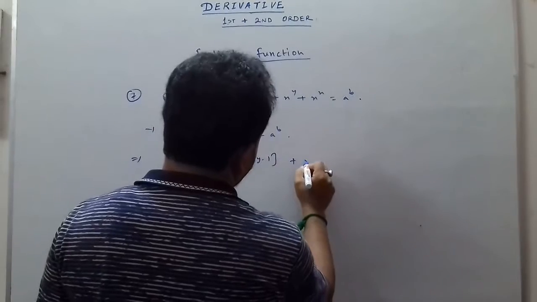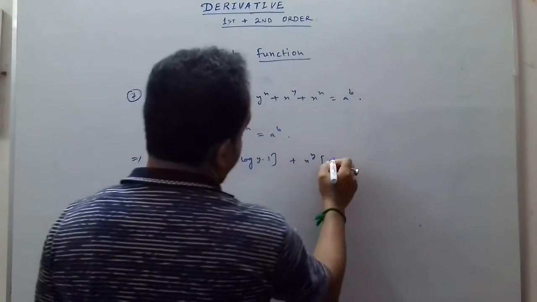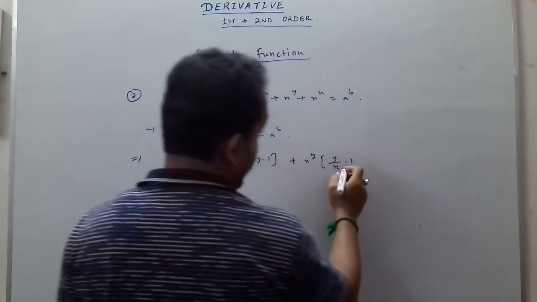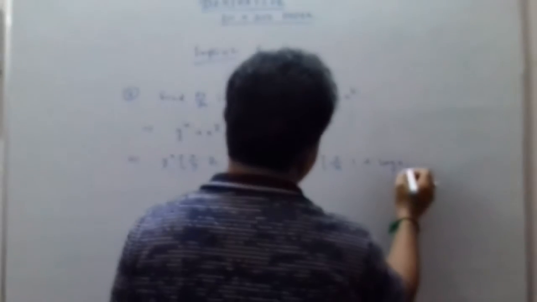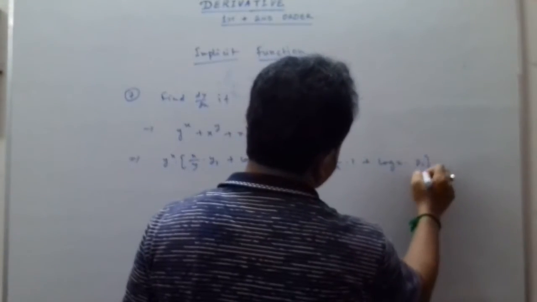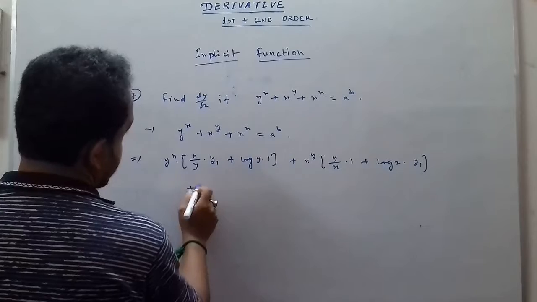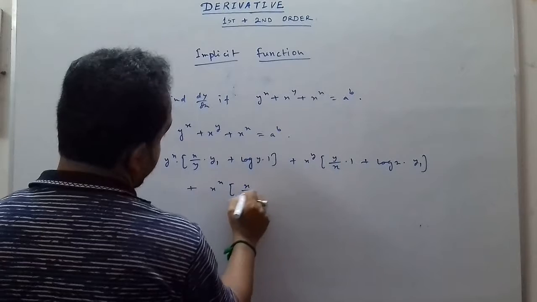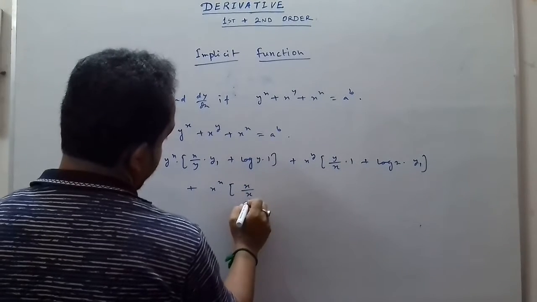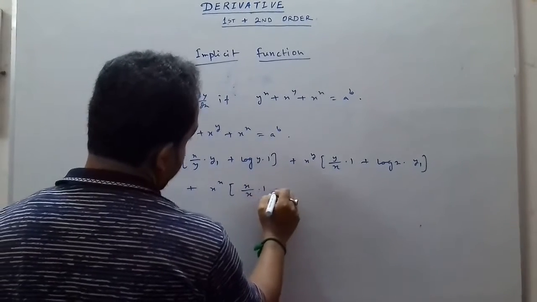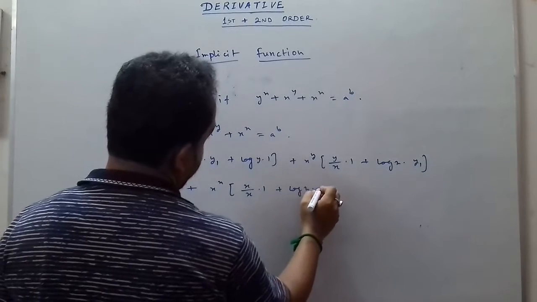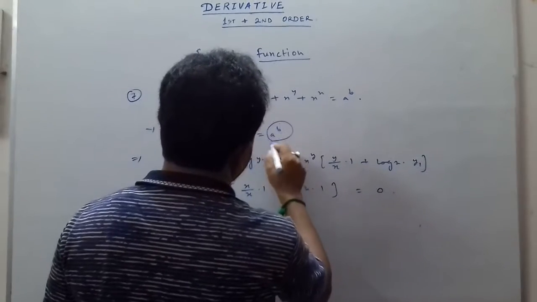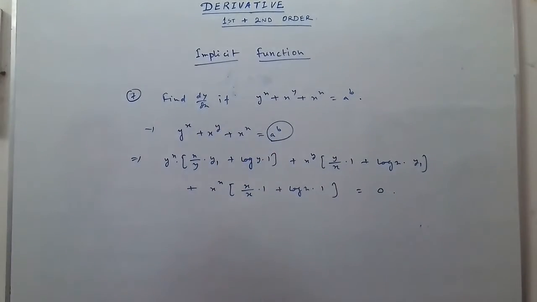Second part, x power y into exponent by base into derivative of base, that is derivative of x equal to 1, plus logarithm of x into derivative of y, that is y1, plus derivative of x power x, which is x power x into exponent by base into derivative of base plus logarithm of base into derivative of exponent. And the right hand side is equal to 0 because a power b is a constant, so the derivative is 0.